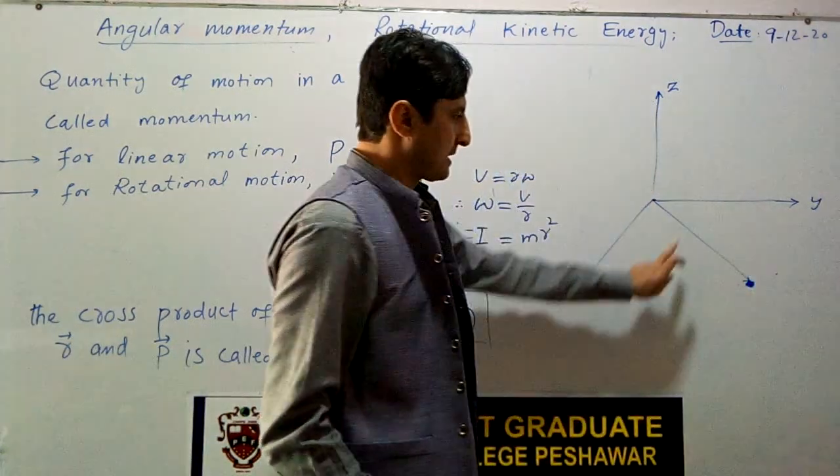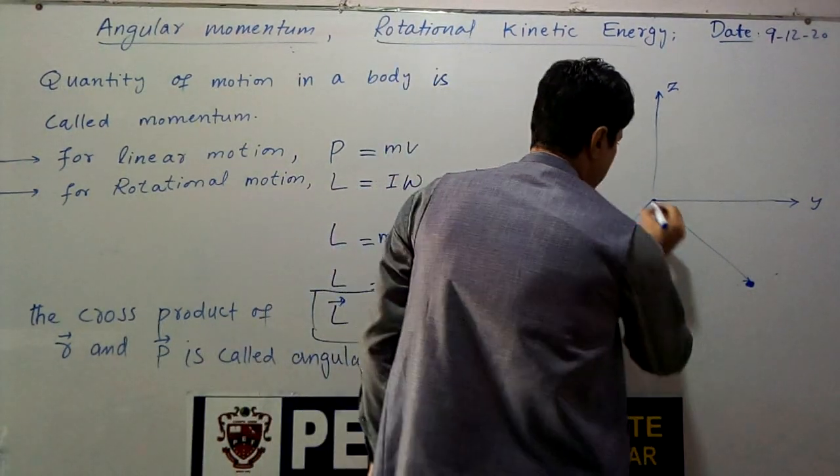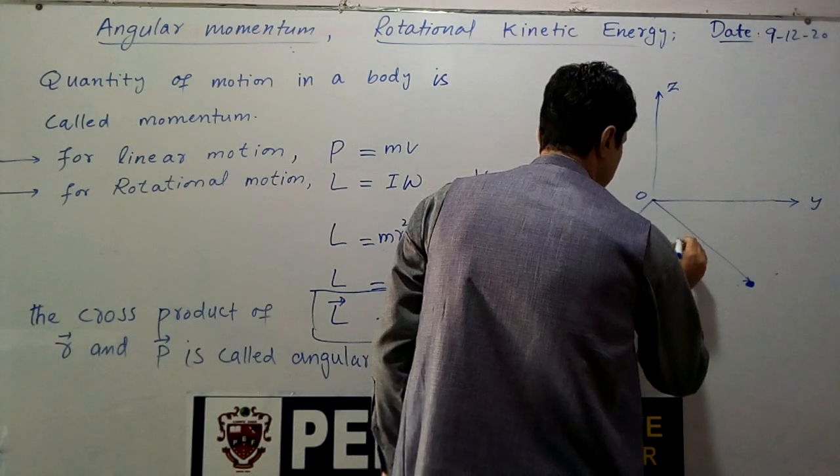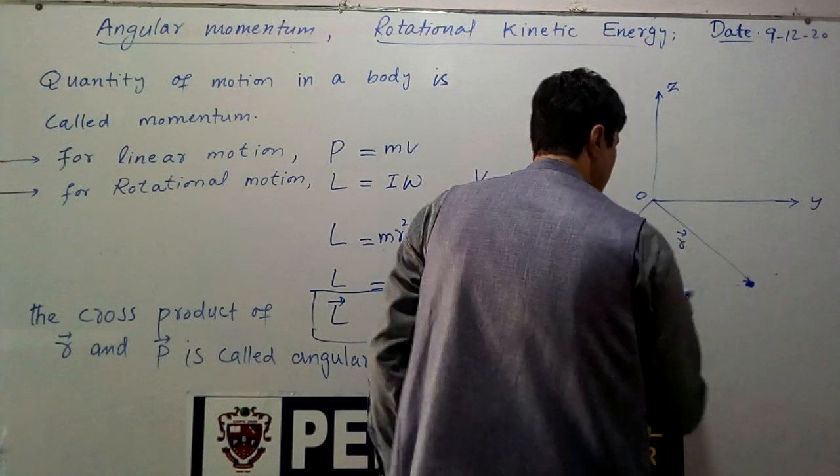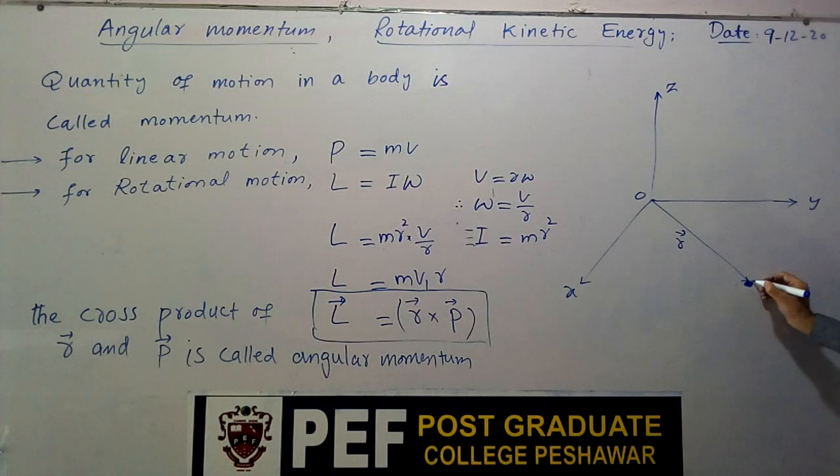This is an object and this is the position vector R from the origin O. If its linear momentum is in this direction, which makes an angle pi with the position vector, we can extend the position vector in this direction as this linear momentum makes an angle pi with the position vector r.